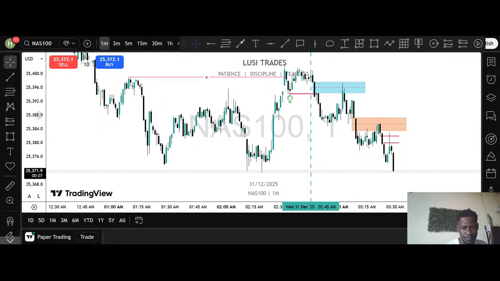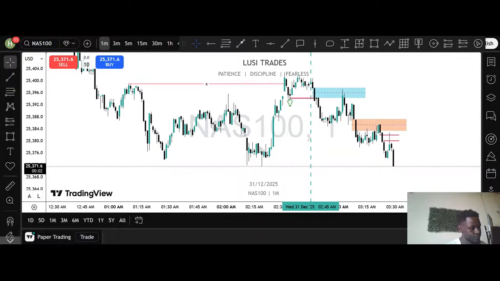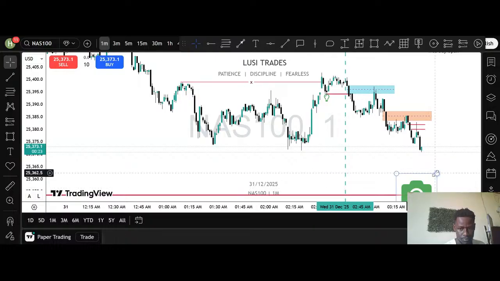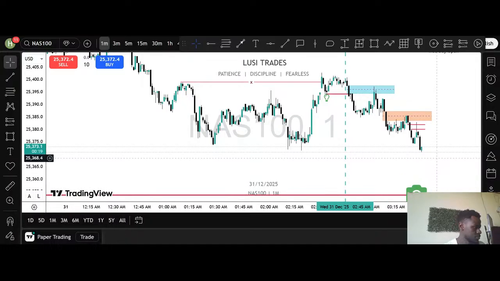Yeah, so let's now push lower. So we want to see if it can give us the fill of this gap, the whole of it. So this one becomes an order block.